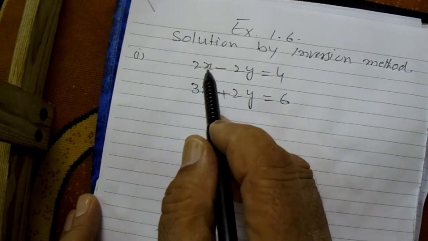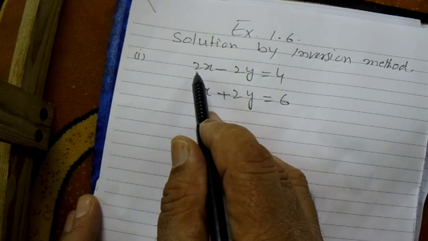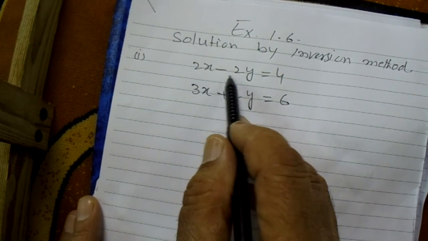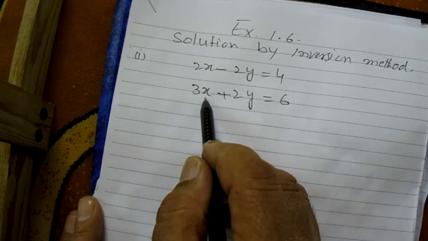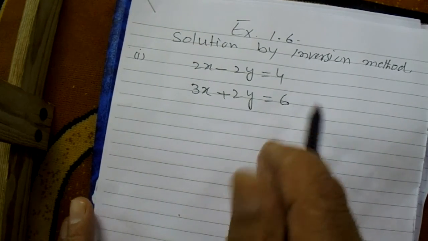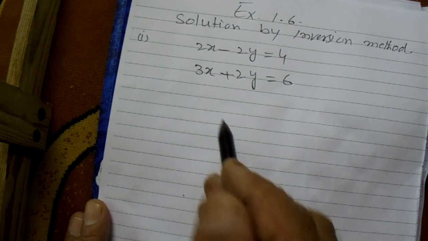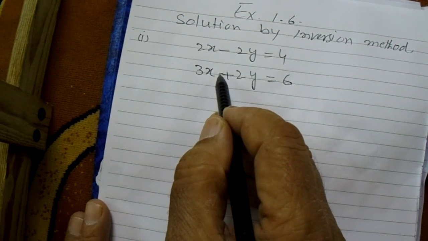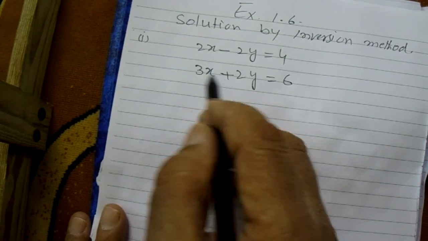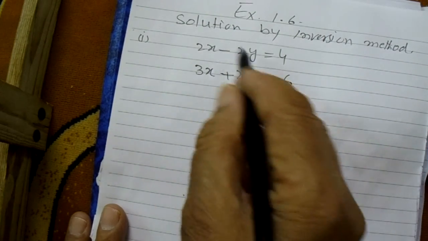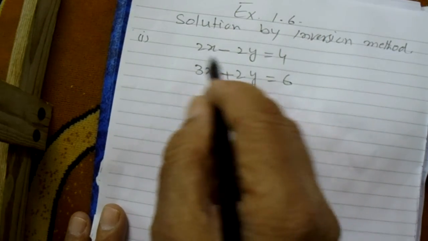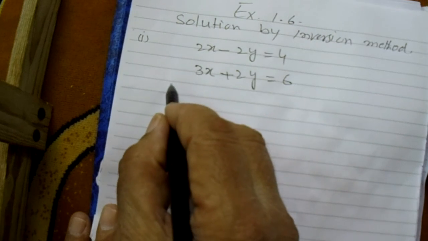Now this is the first part of the first question: 2x minus 2y is equal to 4, and 3x plus 2y is equal to 6. The first step of this solution is to write the coefficients of these variables in matrix form.